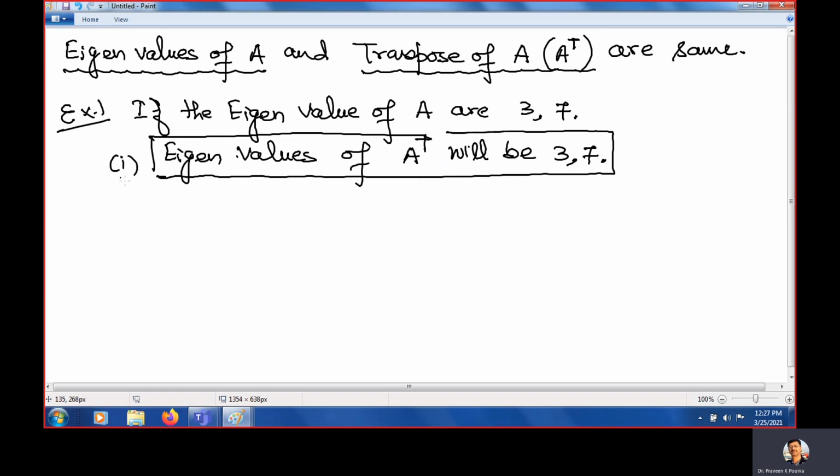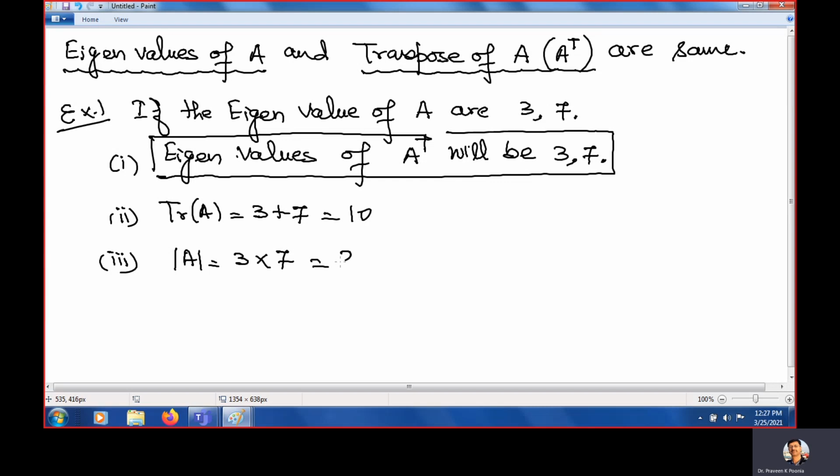This is point number 1: if the eigenvalues of A are 3 and 7, then A T will have exactly the same eigenvalues. There is no change. Point number 2: what is the trace of A? The sum of eigenvalues, 3 plus 7 is equal to 10. What is the third point? What is the value of the determinant of the matrix? The determinant of A is equal to 3 into 7. It is 21. So these three are the important things.